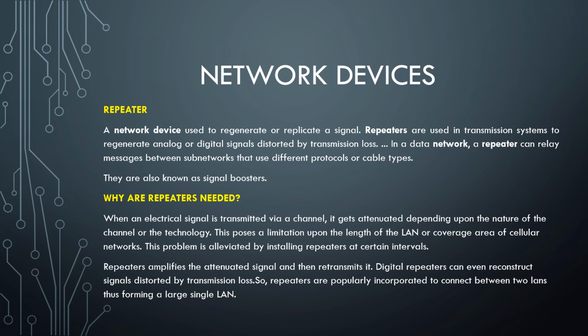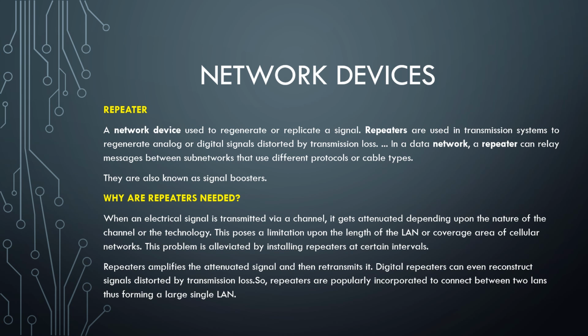So to amplify the signals, we place repeaters in between. Many repeaters are placed between source and destination, and they simply regenerate the signals to the same level and then deliver them to the other repeater or to the system.